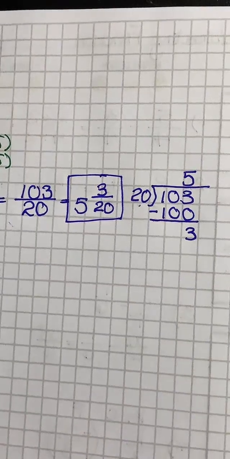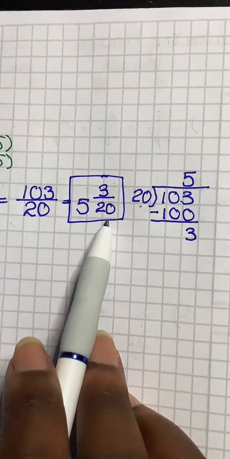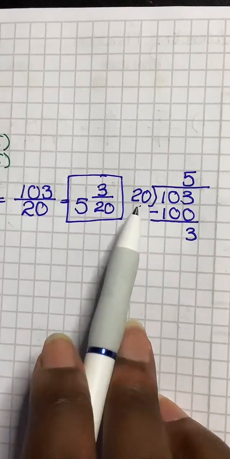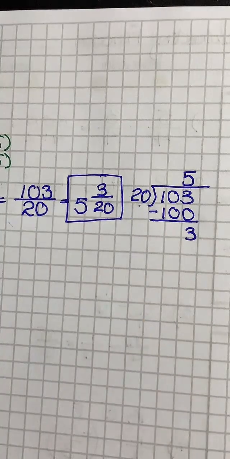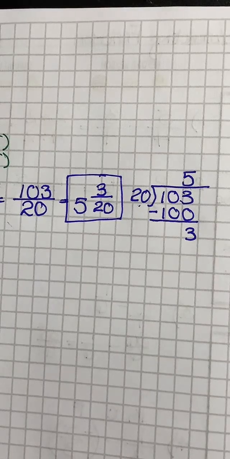The capital R is kind of really arithmetic. So most of the exams are going to give it to you as a fraction. So it's always your remainder over your divisor.